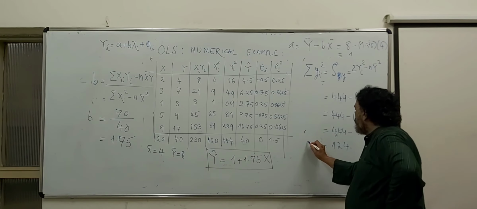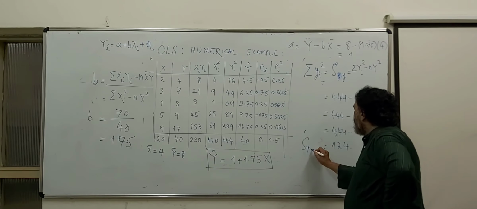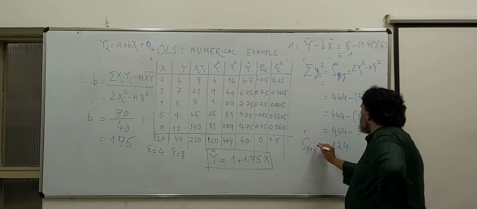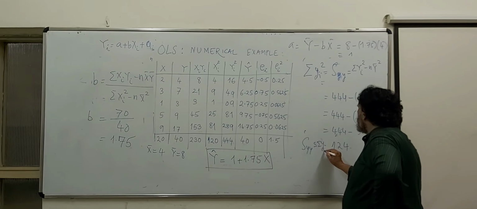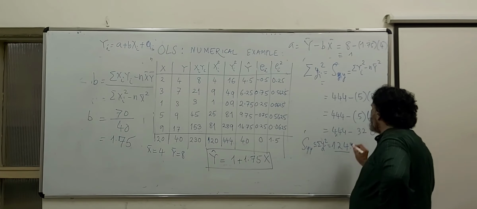So our estimate of S of y, alternatively equal to summation small y square, is 124.